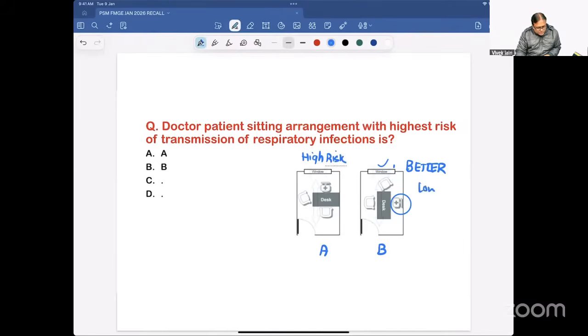The better one will have low risk. The doctor should always be away from the line of ventilation. Okay, the better one was asked. The better one is this one, friends, right?